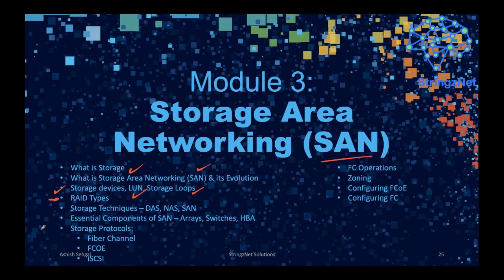If you want to skip RAID mechanisms, you can skip. All these topics are not very important from your examination point of view, but very, very important from knowledge point of view. RAID mechanisms are indeed very important to know how we distribute our data in our storage arrays.